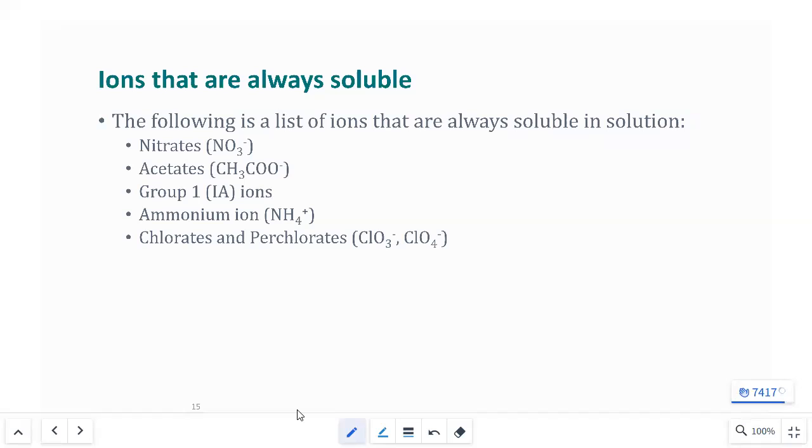So silver nitrate, sodium nitrate, potassium nitrate, iron 3 nitrate. All of those are going to dissolve in water because the nitrate ion is soluble. Also in here are acetates. Again, same thing. Lead 2 acetate, lead 4 acetate, tin 2 acetate, calcium acetate. It dissolves.